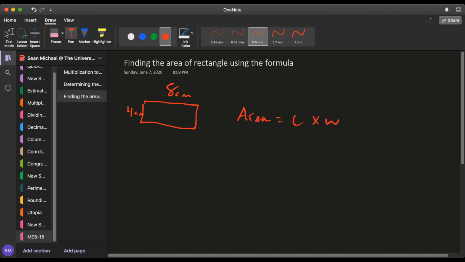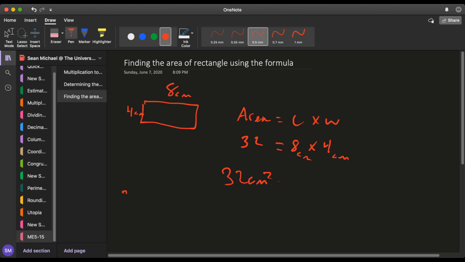So the length is 8, the width is 4. We times those together, and that would be equal to 32, right? And this would be 32 centimeters squared, because it's area, and these would actually be in centimeters. So that's just one example.